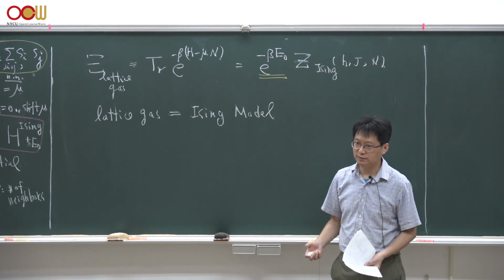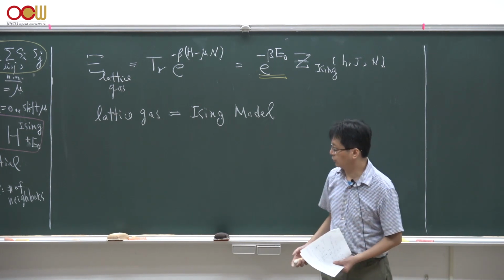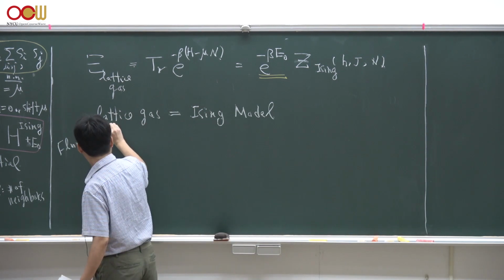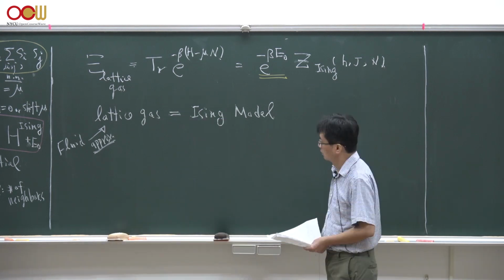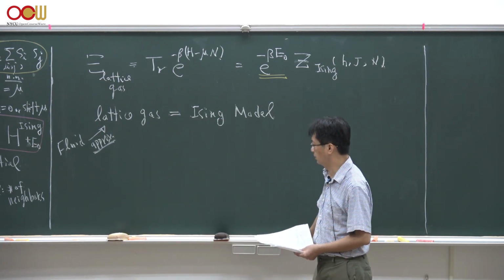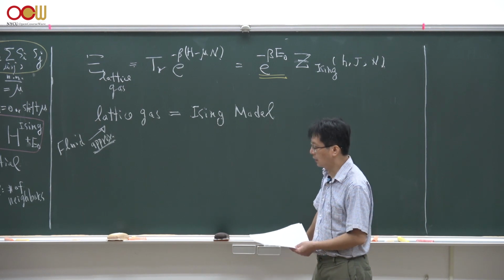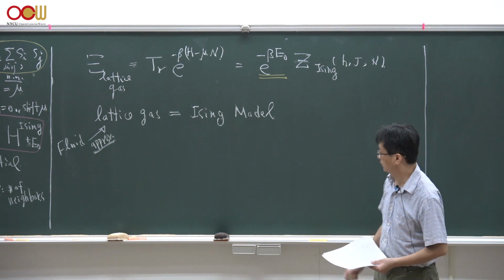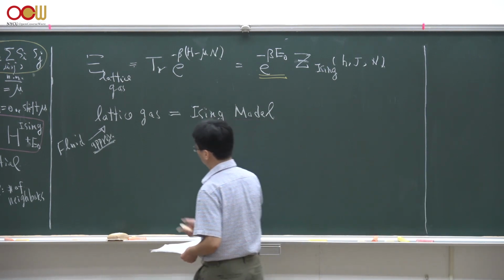Of course, they are not an exact mapping. As I mentioned, the approximation that we made coming from the fluid to the lattice gas tells us that the fluid system is not 100% equivalent to the Ising model, but only up to some approximation. But this approximation is reasonably good enough for us to establish such a mapping.